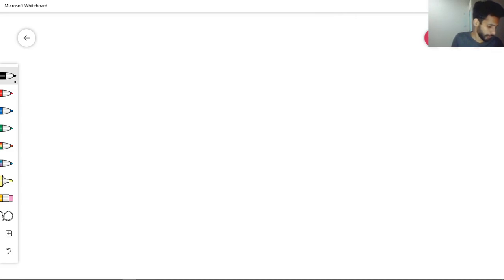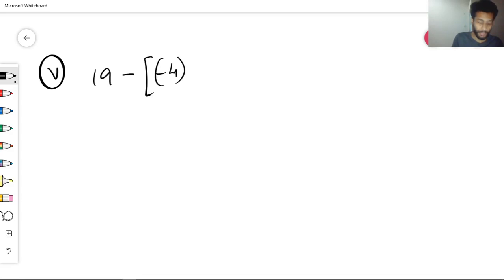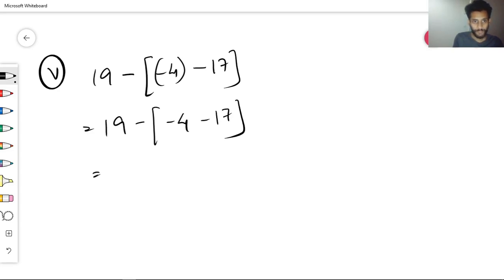So the next one now. Question number 5. 5 is 19 minus 4 minus 17. Okay, first of all we will open this inside bracket. When we open this inside bracket, it will be minus 4 minus 17.